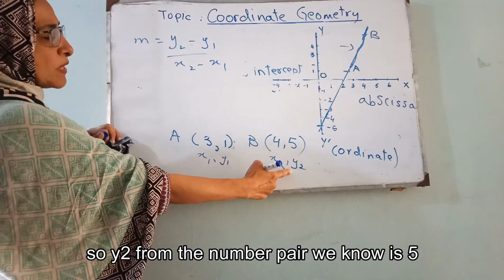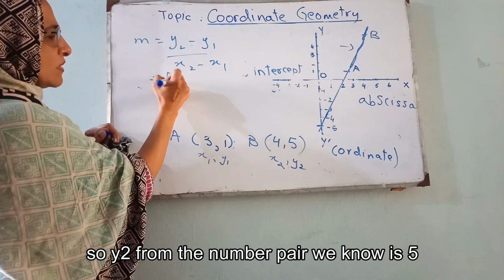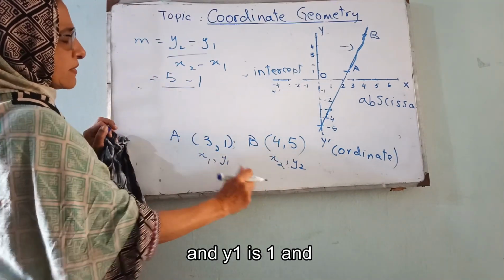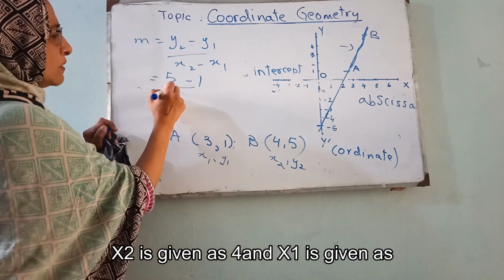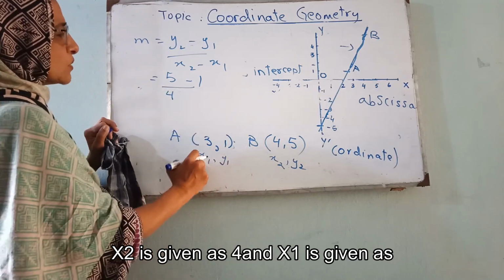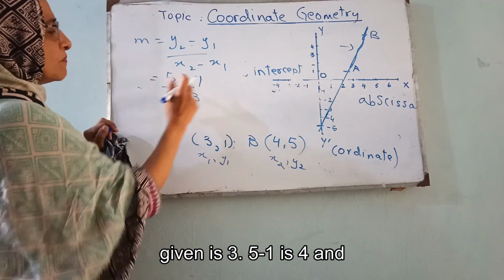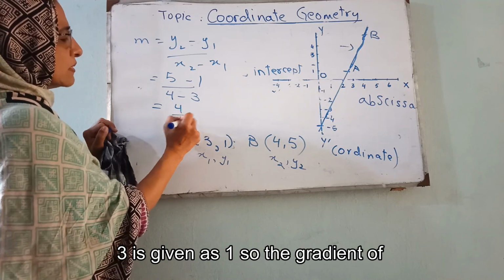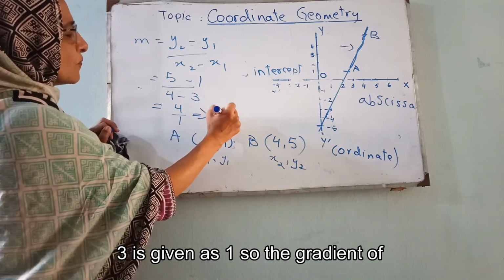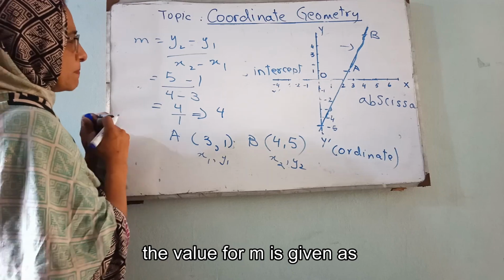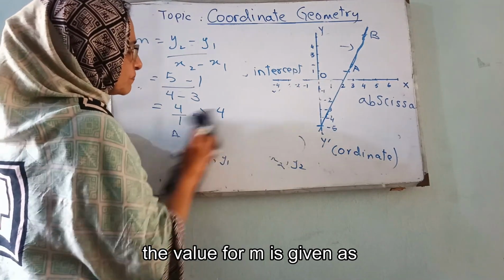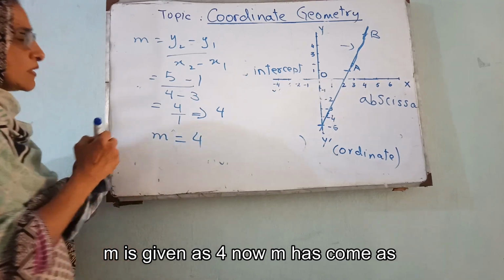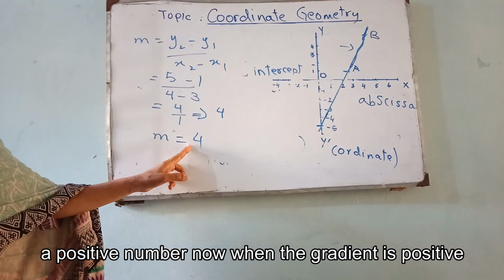From our numbers we know that y2 is 5, y1 is 1, x2 is 4, and x1 is 3. 5 minus 1 is 4. 4 minus 3 is 1. So the value for m is 4. Now m has come as a positive number.